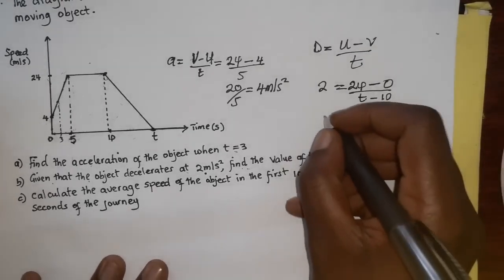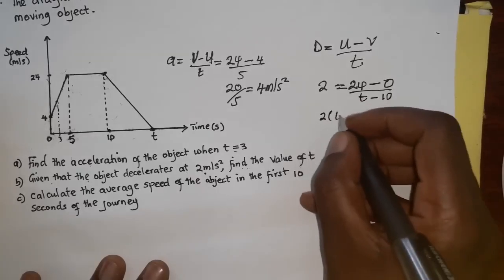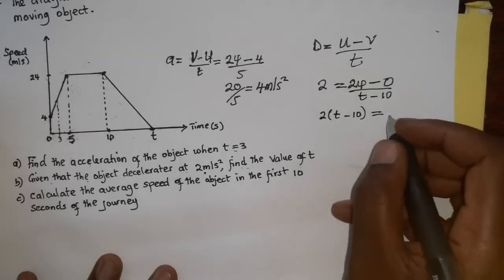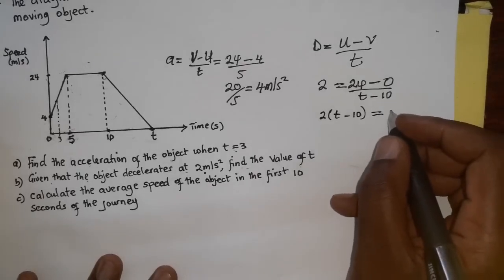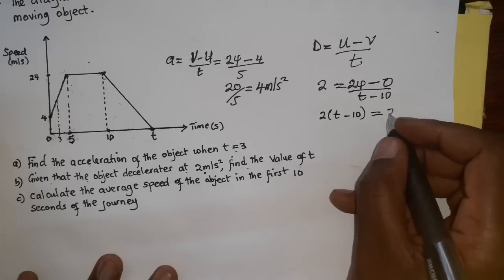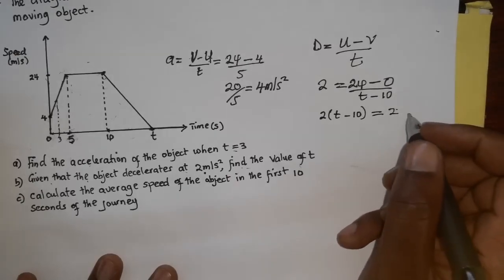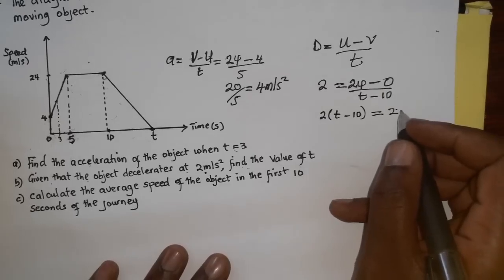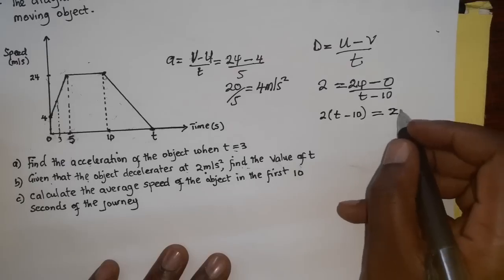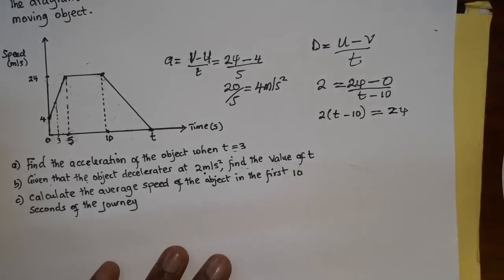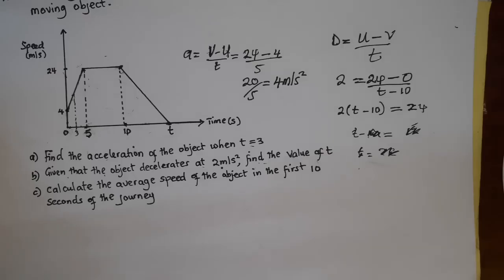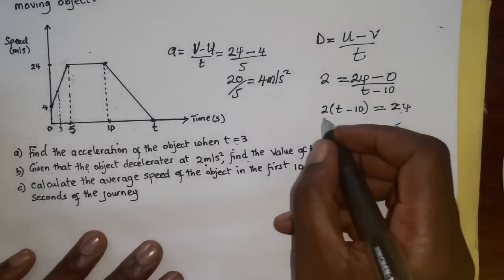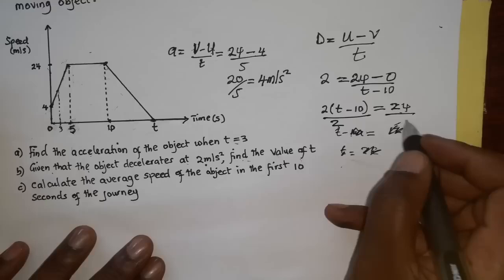Okay, so from this point we can cross multiply and say 2 multiplied by t minus 10 is equal to 24. Am I right? From this point, I think we can divide this side by 2, and you also divide this side by 2.